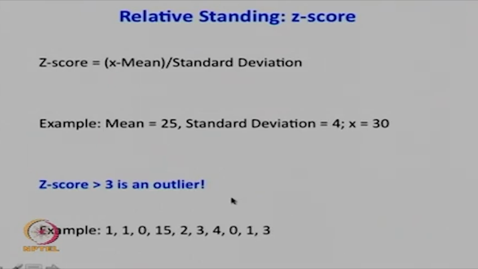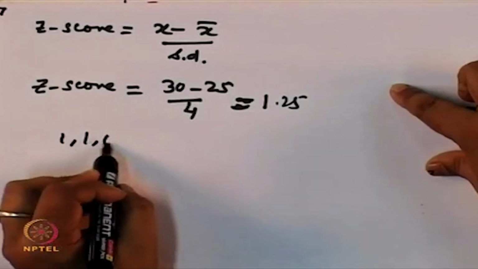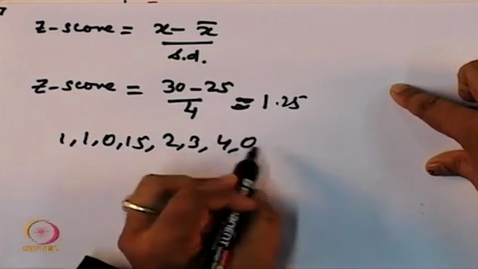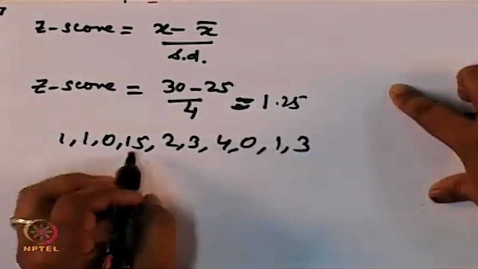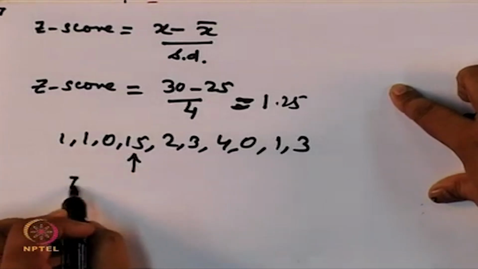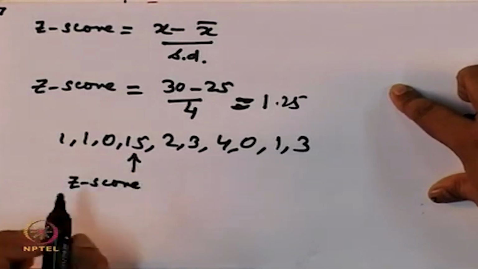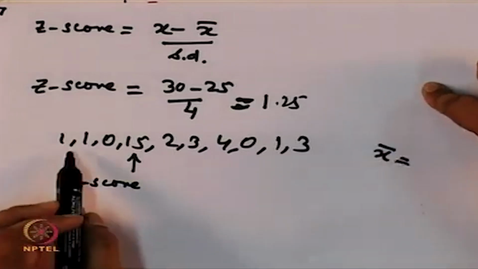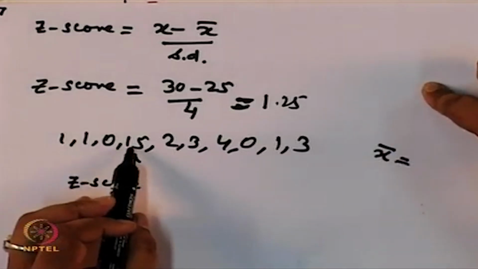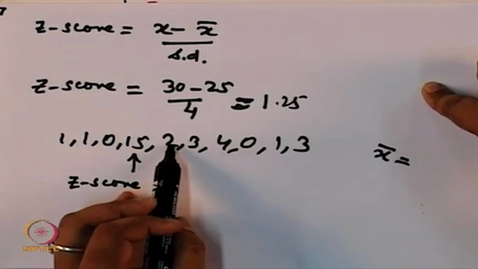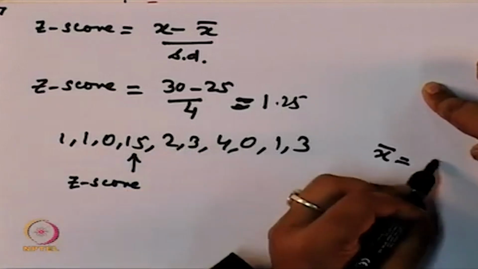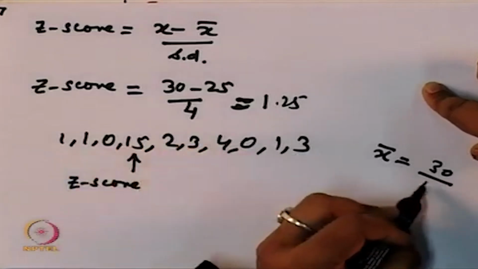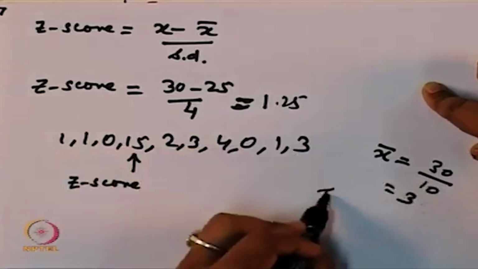Let us take the following example. You have these values, so your data is 1, 1, 0, 15, 2, 3, 4, 0, 1, 3. For this particular value the z score, we of course have to calculate the x bar. X bar is 3.